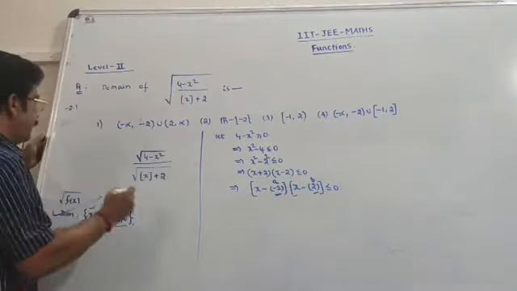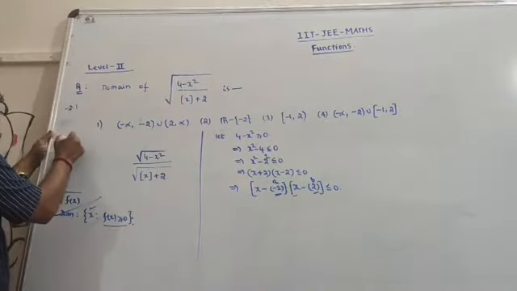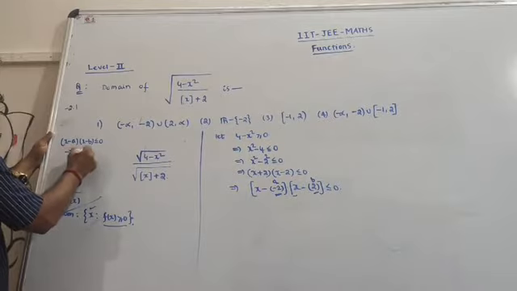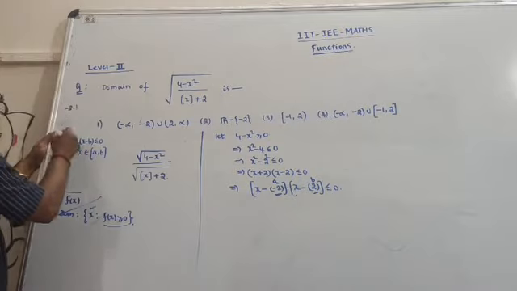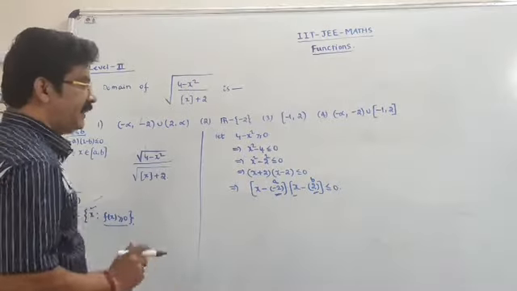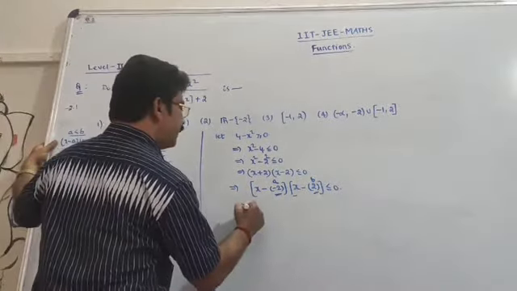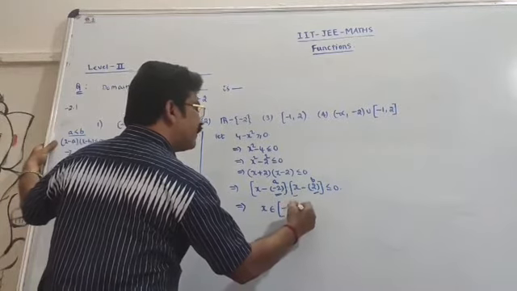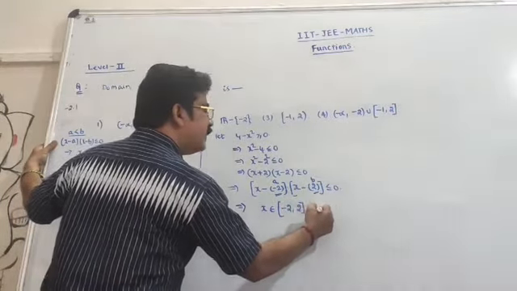Already I said that if x minus a into x minus b is less than or equal to 0, then x belongs to the closed interval of a comma b for a less than b. I said this formula in linear inequalities. From that formula we write x belongs to the closed interval of minus 2 comma plus 2. Let it be statement number 1.